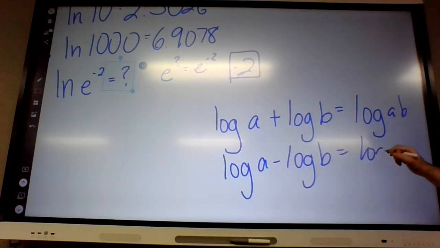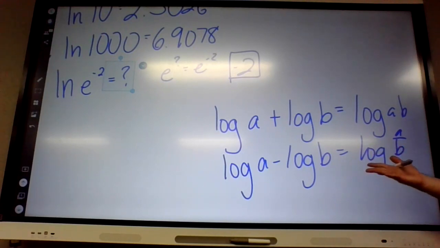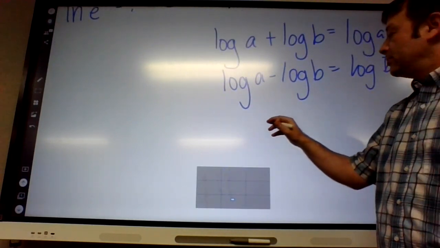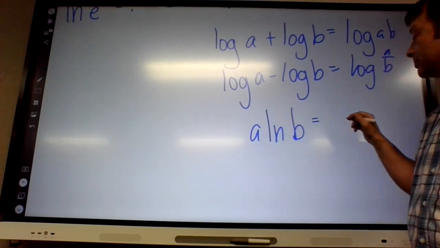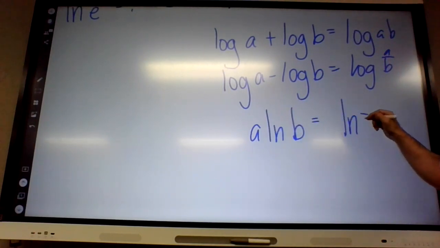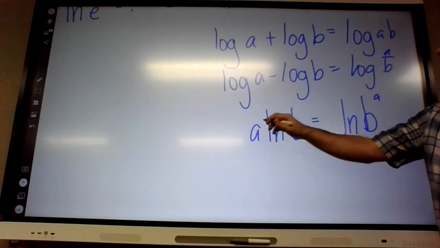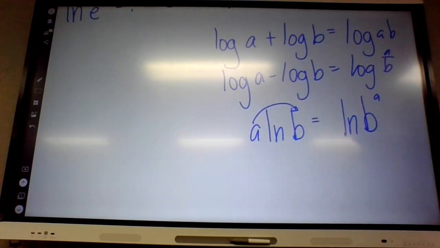Division, so it's log of a divided by b. Now, this works with natural logs too. Natural logs are another kind of log, so it's all going to work the same. And then a natural log of b equals natural log of b to the a. Remember this thing goes up?